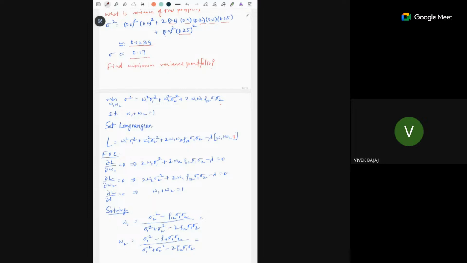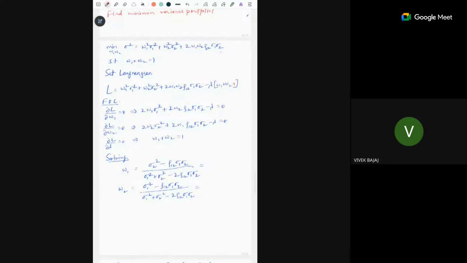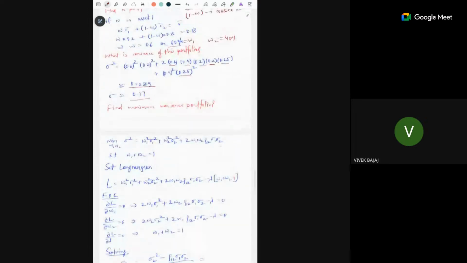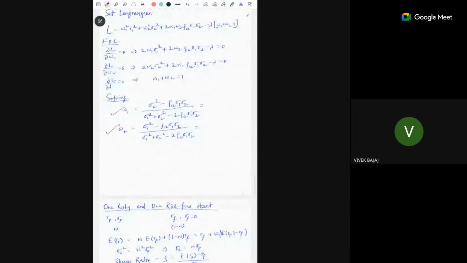You set up the Lagrangian, derive the first order conditions, solve, and you get the values for W1 and W2. You can put in the values which are given and get the final values.